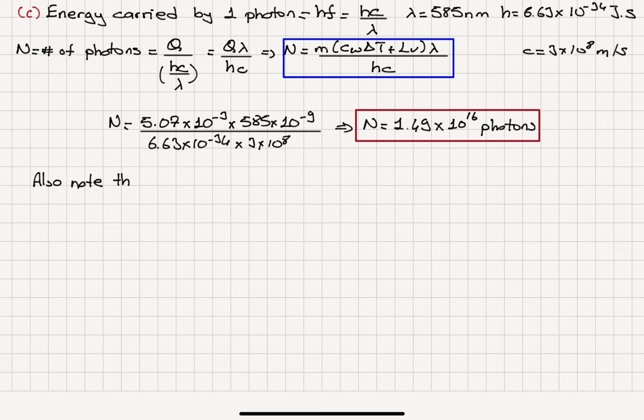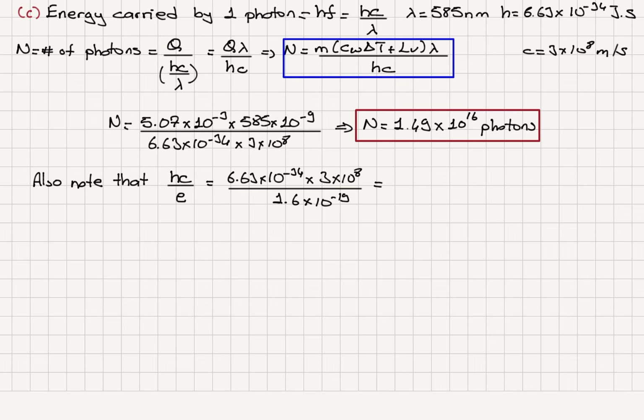If I note that the hc product divided by the electron charge e, which is 6.63 times 10 to minus 34 joule seconds, multiplied by 3 times 10 to 8 meters per second, divided by the electron charge, 1.6 times 10 to minus 19 coulombs, that gives me 1.989 times 10 to minus 25 divided by 1.6 times 10 to minus 19.